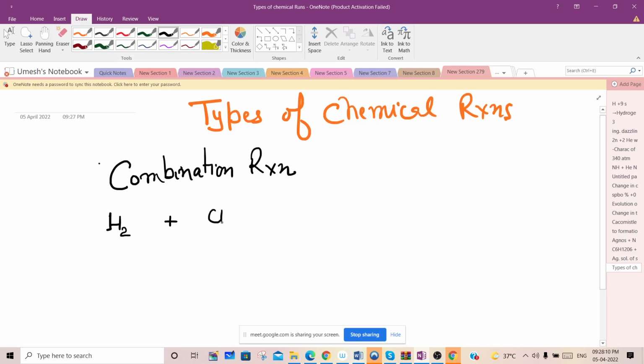Like we have H2 plus Cl2. There are two different elements here, to form a compound here, HCl. I have already balanced the equation. This is a combination reaction. Am I clear?